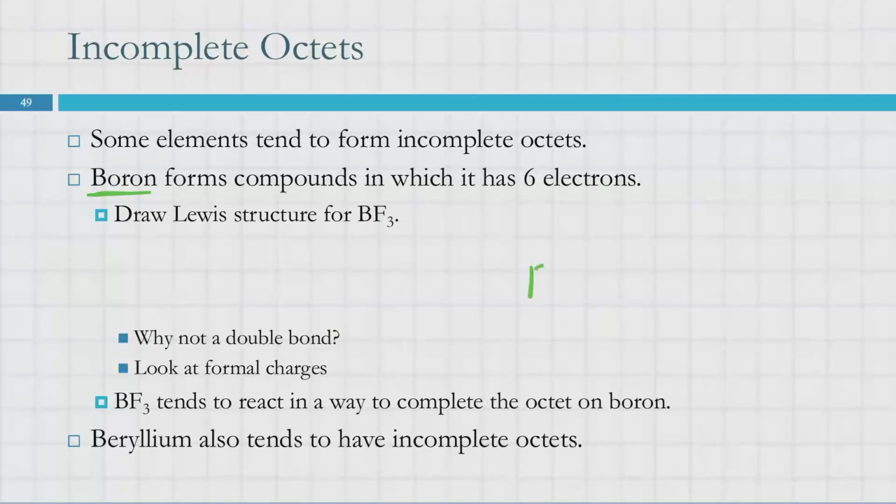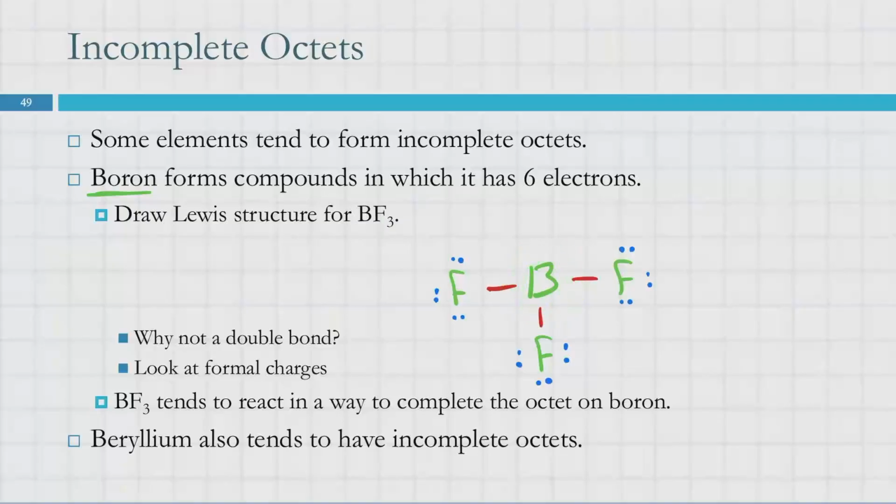So boron, if it makes a compound, boron is going to be our central molecule. Fluorine only likes to have 1 bond. We'd count up our electrons, we'd add in our bonds, we would place the rest of our 18 remaining electrons, and we would get something that looks like this. That's all of our electrons placed.